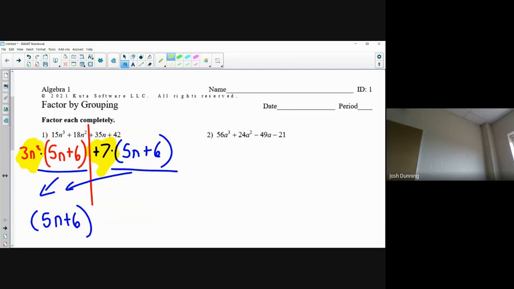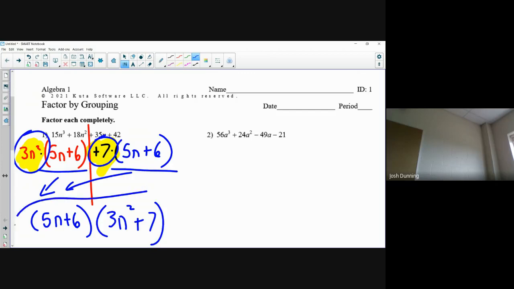So if I factor out that 5n plus 6, on the left side, I got 3n squared left. On the right side, I have plus 7 left. And that becomes the other factor.